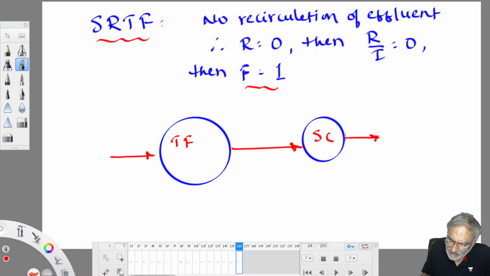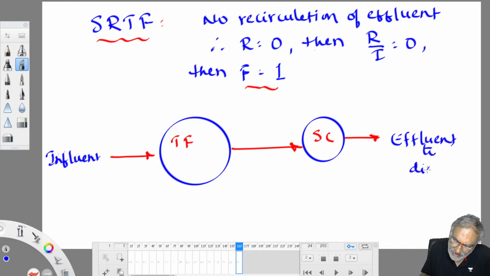After that, it is disposed, plain. So influent is applied here and effluent is disposed of. Effluent to disposal.